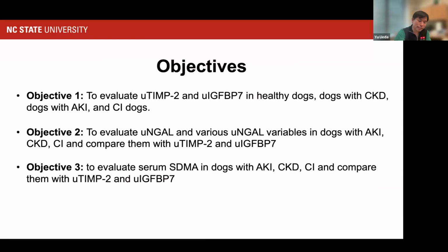Again, to test this hypothesis, they evaluated urinary TIMP2, urinary IGFBP7, and also NGAL and SDMA in different groups of dogs, including AKI, CKD, healthy, and critically ill dogs. So they have 4 groups of patients, and they measured all these biomarkers in these groups.